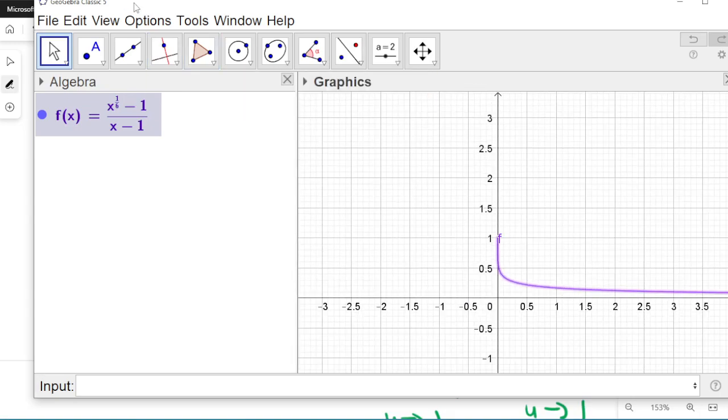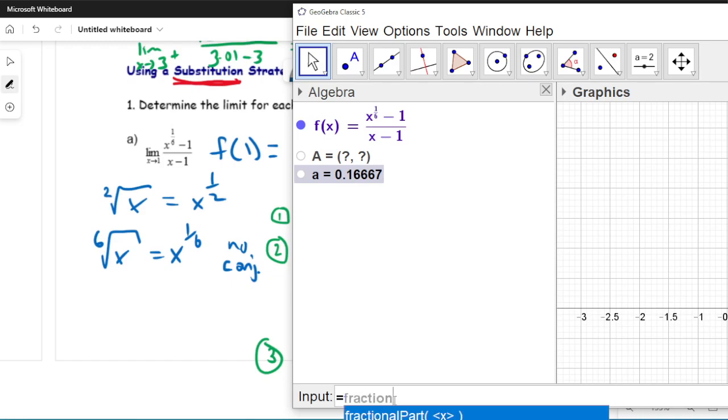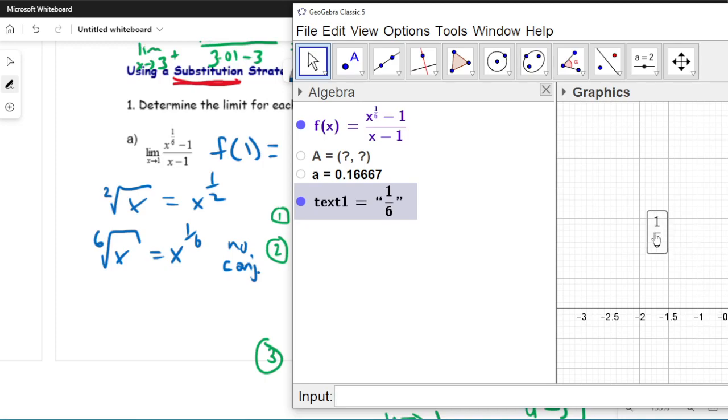Now, what is the limit as x approaches 1? Well, if we try to plug in 1 and find f of 1, the function's unable to draw it. But of course, we know something has to be over here. Whatever this hole is, we should be able to locate it. If I type limit f and then 1, it will come up with 0.16666, which, if I were to take that as a fraction, is 1/6.